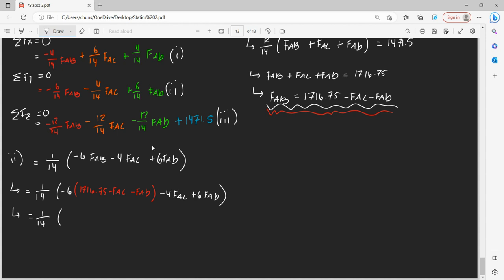Okay, we're going to distribute this number in, so then that's negative 6 times, plus 6 FAC plus 6 FAD minus 4 FAC plus 6 FAD.